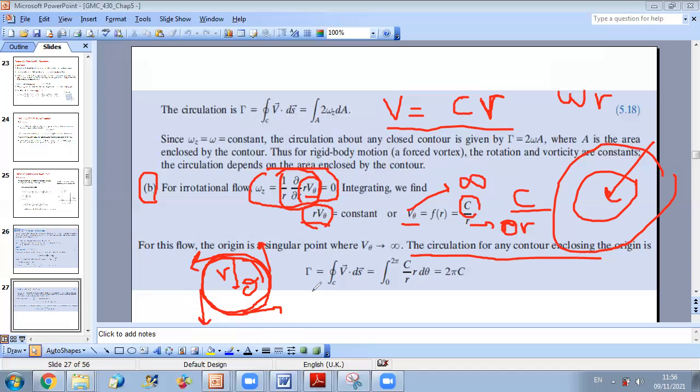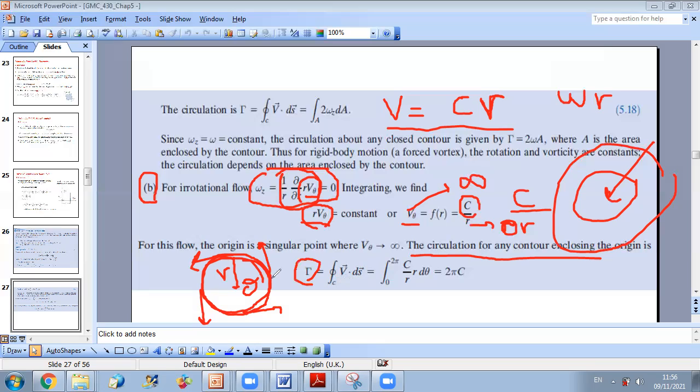So now if I want to calculate the expression of circulation for this irrotational flow, I can consider the following closed curve and say that the circulation is equal to the integral over the curve of v dot ds. Now, what is the expression in this case?